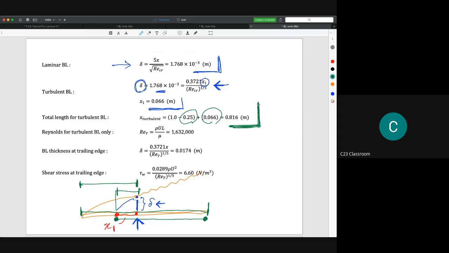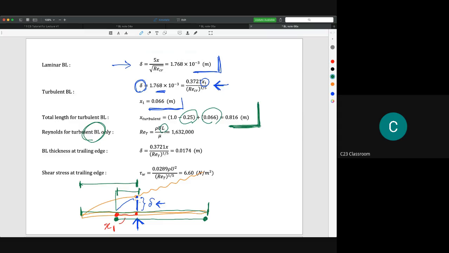And then we can calculate the Reynolds number for the turbulent boundary layer only by substituting L equal to 0.816. So it is 1.6 times 10 to the power of 6.